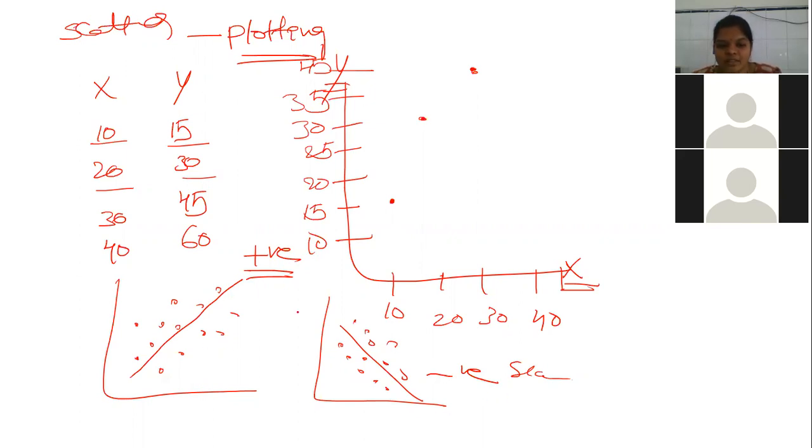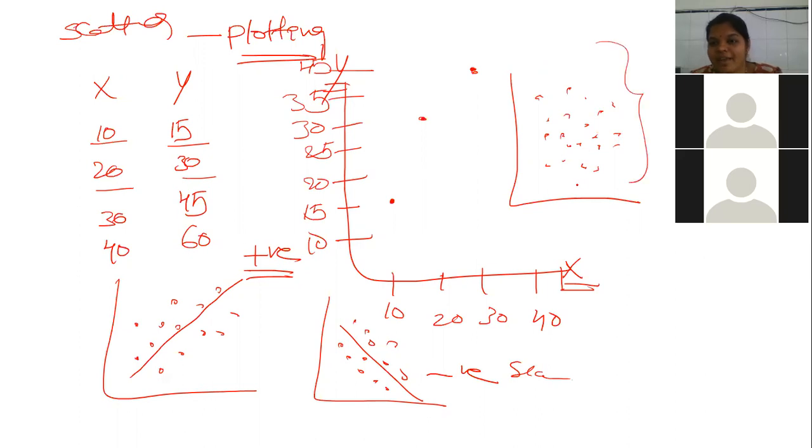If the variable values are showing like this, is there any scattering present in this graph? We may call it zero scattering or no correlation. If the graph is like this, the movement of the variables does not follow any order; they are randomly arranged.